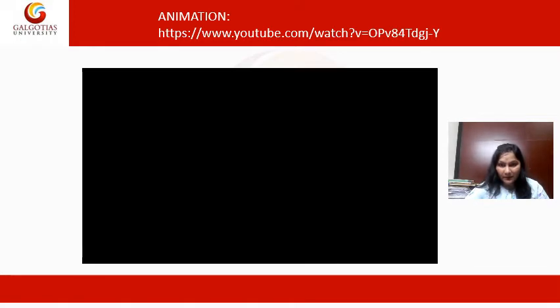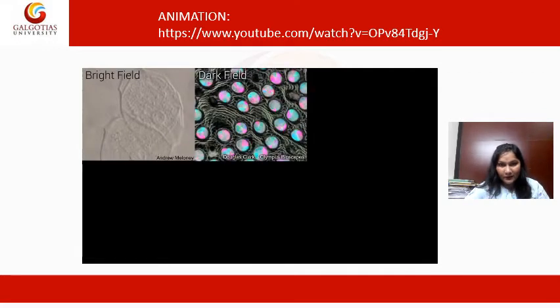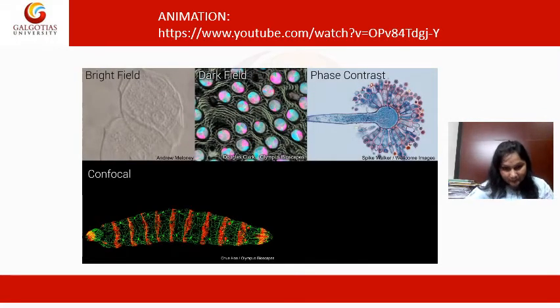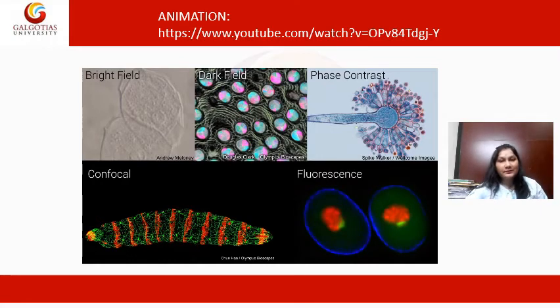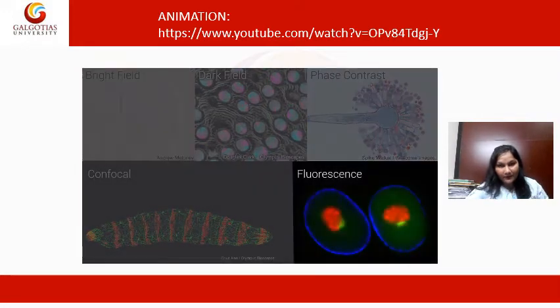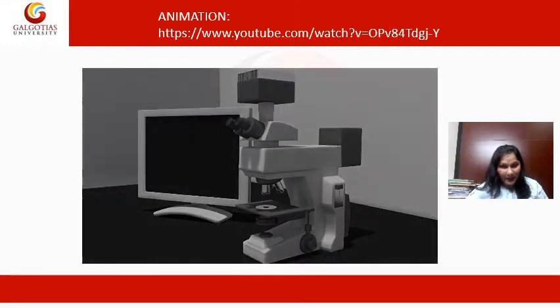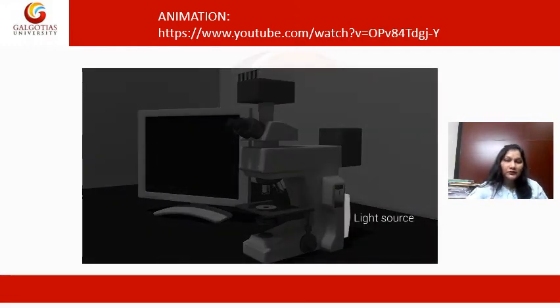This is the eye of the observer. There are many types of microscope present in the lab. This is the image taken from bright field, dark field, phase contrast, confocal and fluorescence microscope. Now, let's have a brief look at how a microscope works.